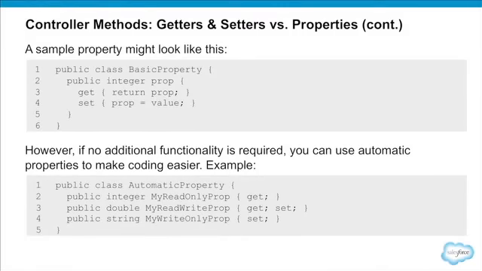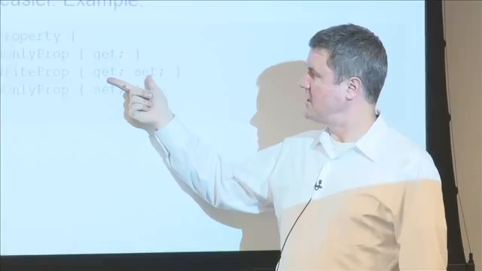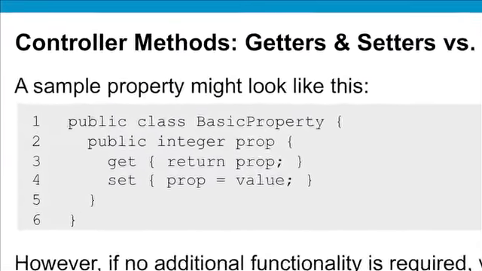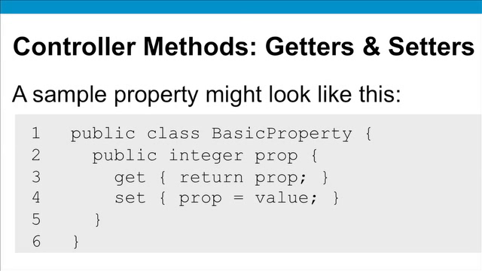So the advantage of using properties is you get that getter and setter, and then if you want, you can decide to override these. If we take a look at the top here, here's another example. We have this integer called prop, and inside here I could define a method body for my getter, and I could define a method body for my setter.